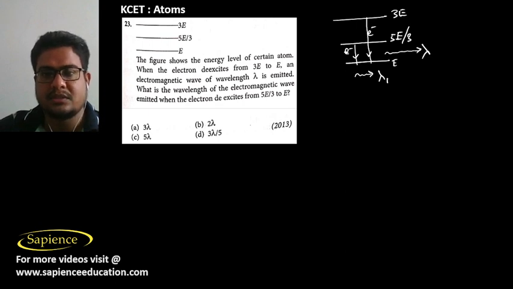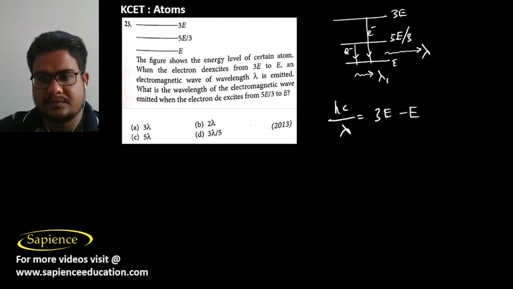So now we can say that hc by lambda is equal to the energy 3E minus E. Therefore 1 by lambda is equal to 2E by hc.